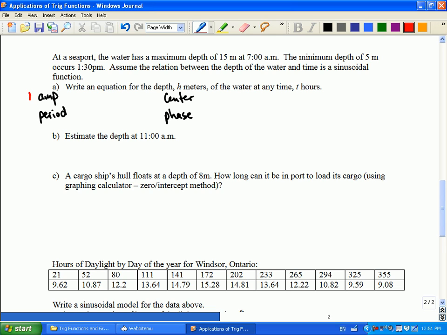These ones even have a nice little formula. Amplitude? What's the amplitude going to be? 5, yeah. The distance here is 10, right? 15 minus 5 divided by 2.